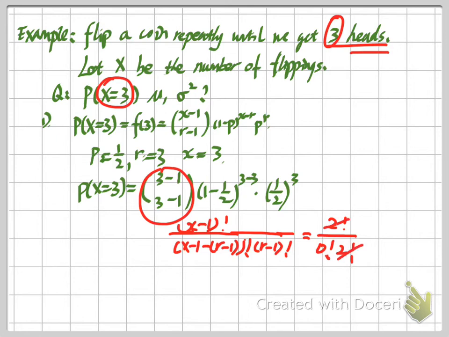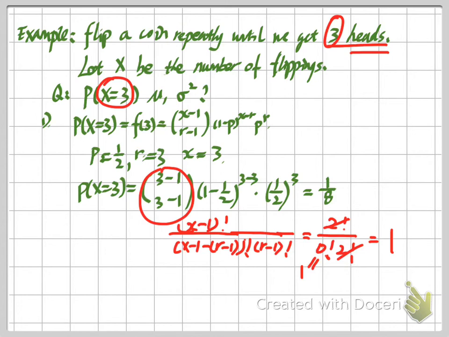And what's the value of 0 factorial? Actually this one equals 1. So that means for this combination, the value is equal to 1. And then for all other terms, we can compute all of them. But the final answer of this question is 1/8.